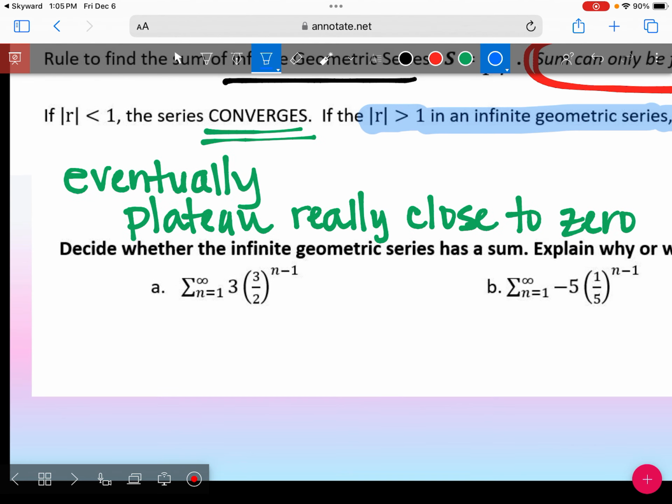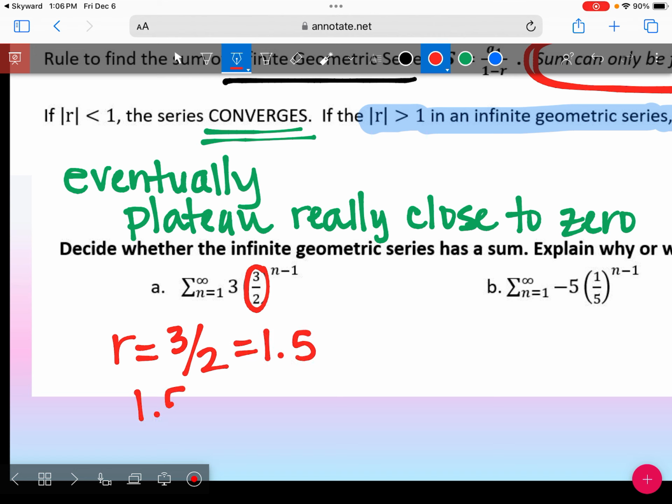So for part A, do you see how we have an r value that is 3 over 2? Yeah, r equals 3 over 2. Now I'm going to ask you, is 3 over 2 less than 1 or greater than 1? Greater, because 3 over 2 is actually 1.5, and 1.5 is greater than 1, which means that this has no sum.